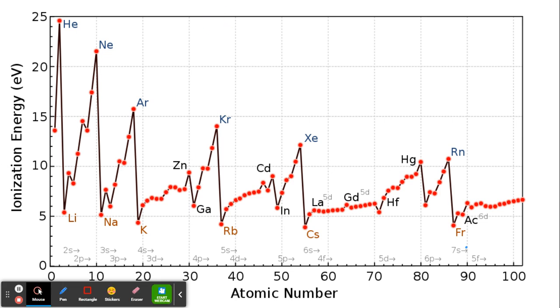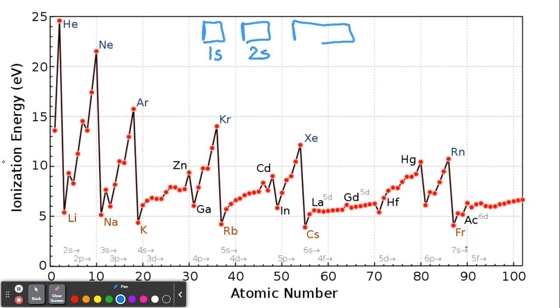So I'm going to draw some orbital diagrams. So here's 1s, here's 2s, here's 2p, etc. So lithium has a full 1s shell and only one electron in 2s.